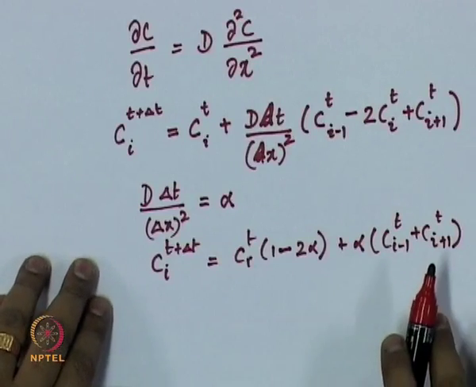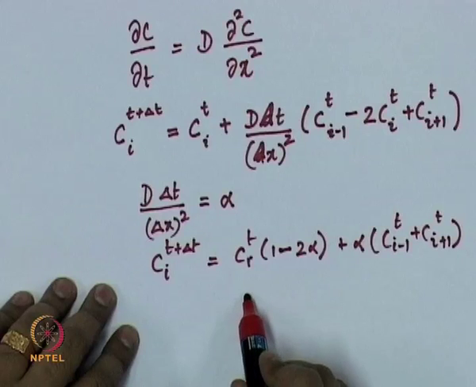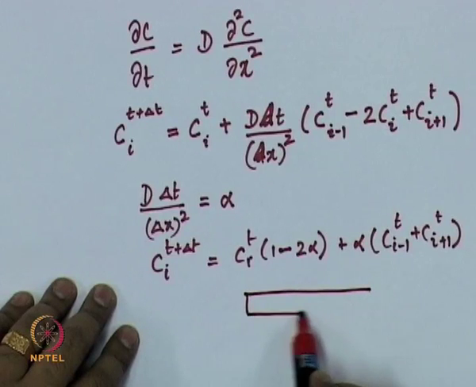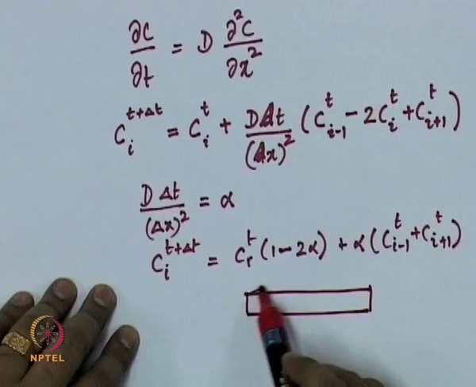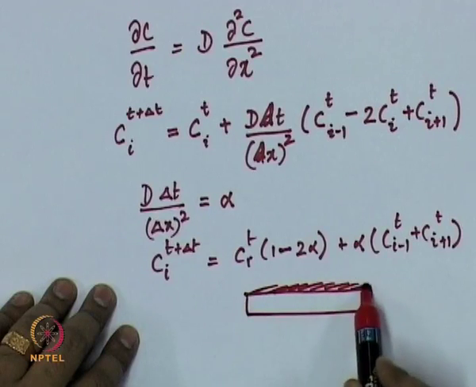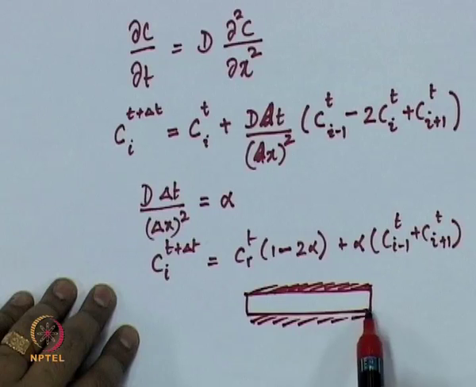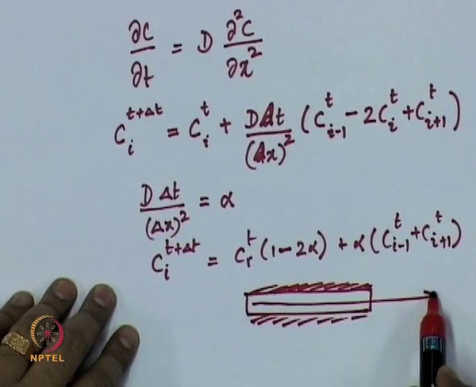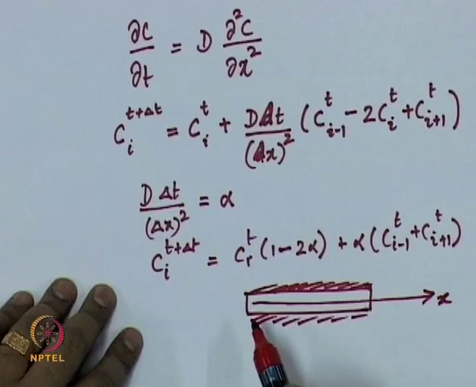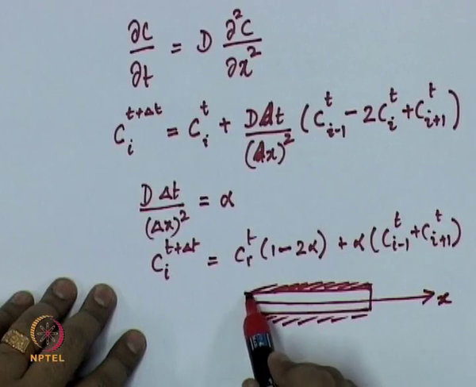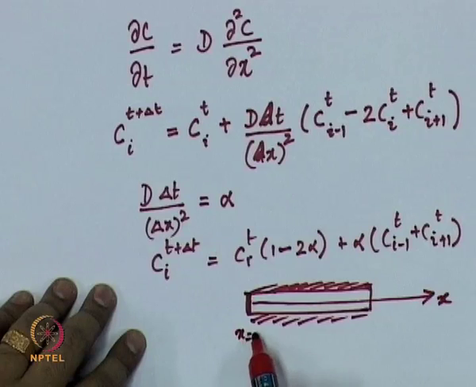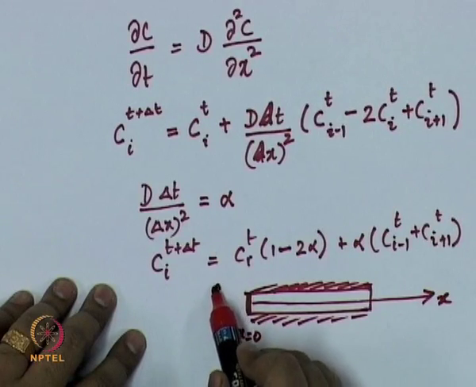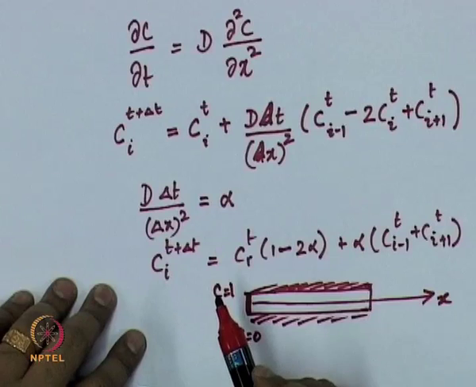Now, let me consider a scenario in which, of course, it is one dimensional diffusion, which means there is a diffusion barrier on this side. So, diffusion can take place only along the x direction. And let me assume that at this point where x equal to 0, the composition takes a value of 1. Okay. So, this is all normalized.